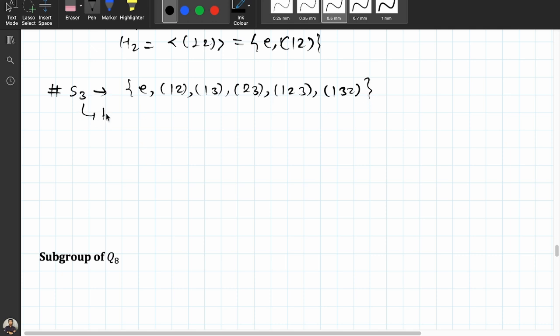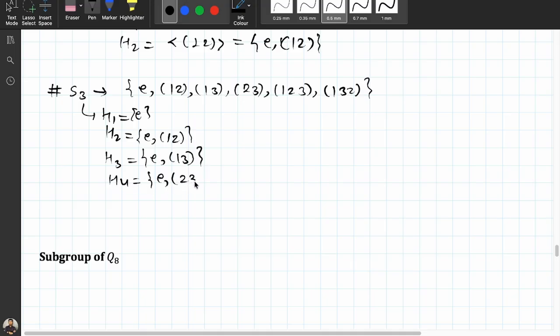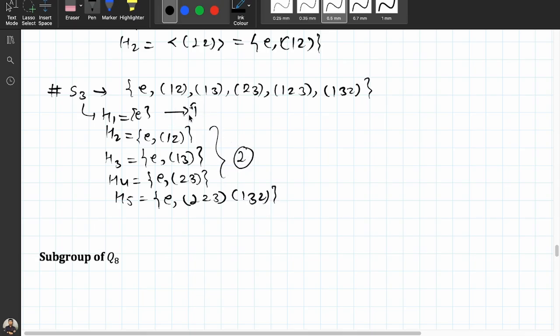I discussed: H1 is identity, H2 is identity and (1 2), H3 is identity and (1 3), H4 is identity and (2 3), H5 is identity, (1 2 3) and (1 3 2). These all are of order 2. This is order 1, this is order 3, and H6 is S3, which is an order 6 subgroup.